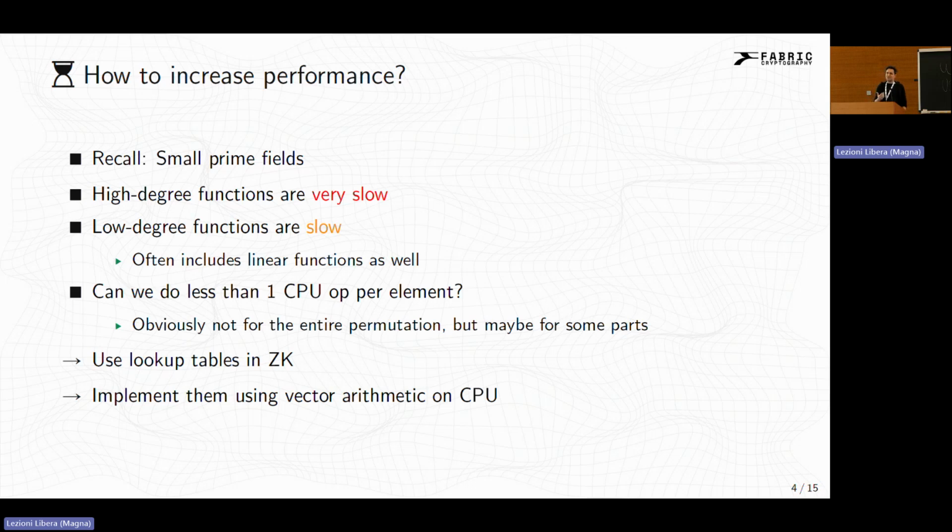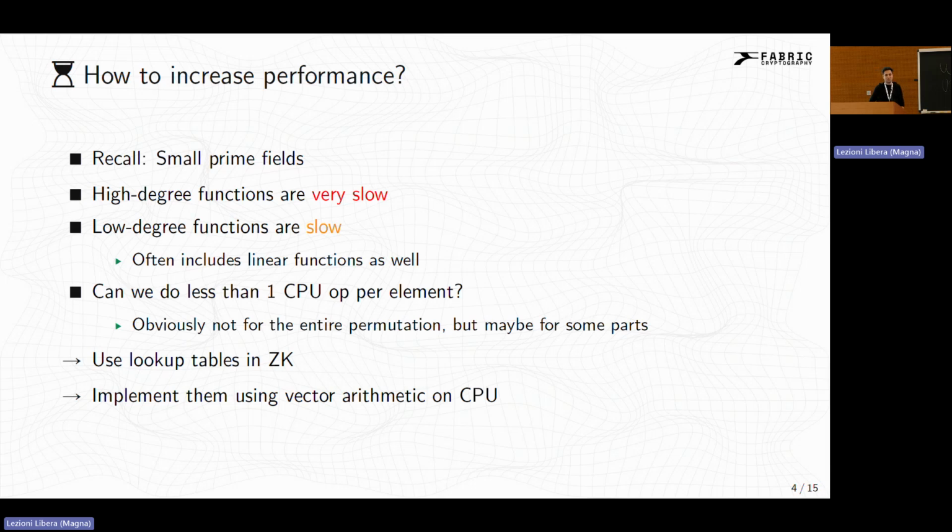So in the past, we tried to focus more on low degree components, like for example x to the power of 3 or x to the power of 5. But it turns out it's not so good either, because you also pay for the circuit. This is fine, but you need to do the reductions and the multiplications and so on. And this is not so good. This also includes the linear layer, because of course you only have constant multiplications, but you still need to do reductions. And this becomes very bad if the prime field is large, but also in the 64-bit case already, it's not very good.